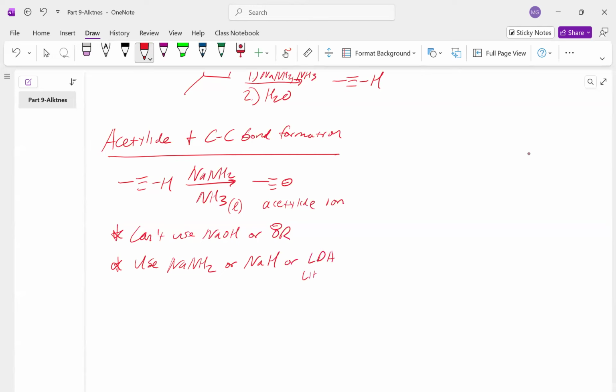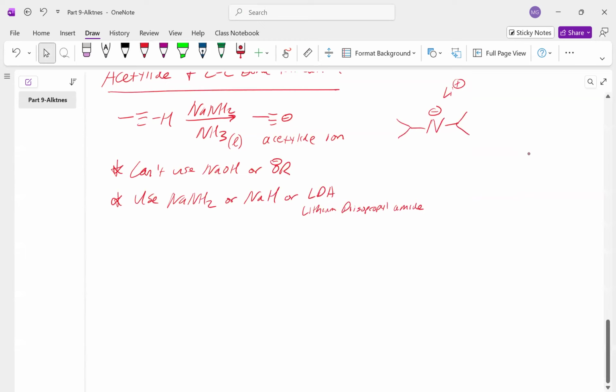LDA stands for lithium diisopropyl amide. Yep, so you got N with a couple isopropyl groups, a negative charge, and then a lithium counterion. So just kind of memorize those three. There are strong bases that can be substituted for that, but those are the three most common ones we'll use in a lab to do this.